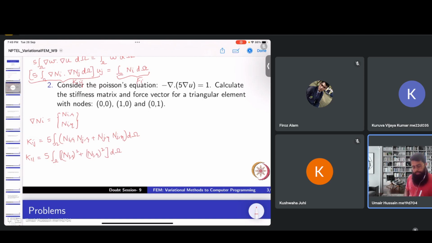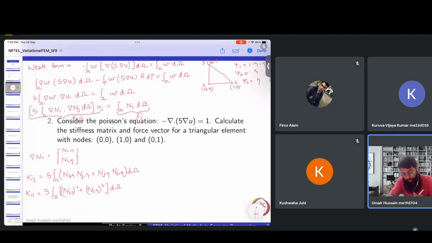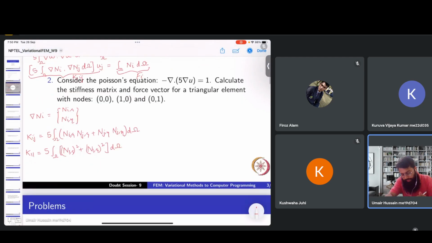So what is N1 comma xi? I have written N here and psi there, I should maintain consistency. The derivative of N1 with respect to xi is minus 1, so minus 1 squared becomes 1.